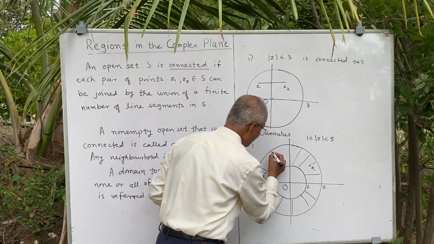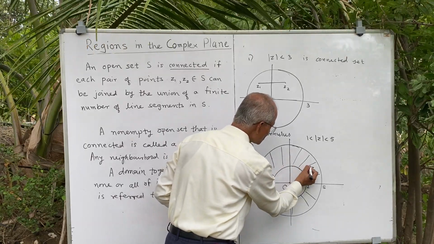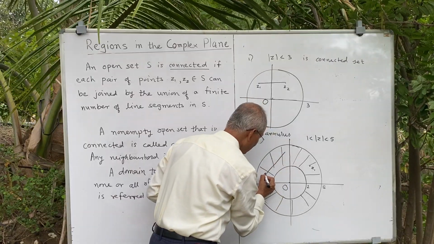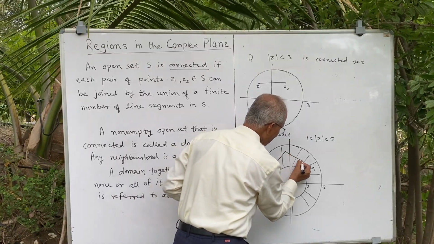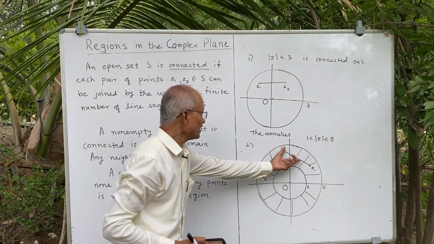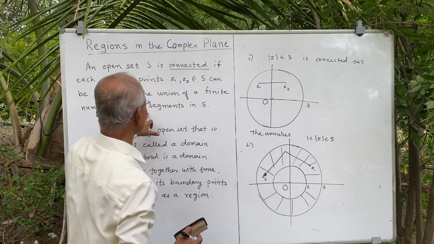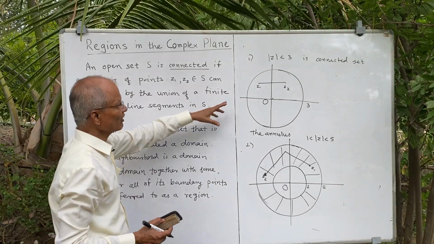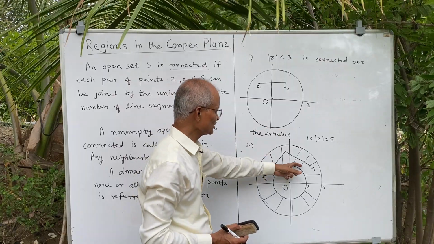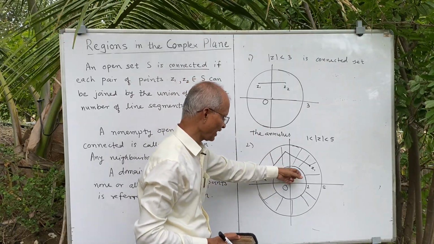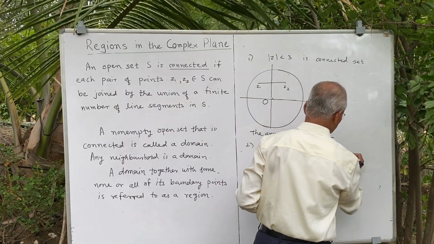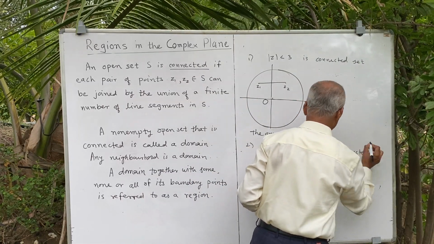This is the region, but we can connect Z1 and Z2 like this. In this way we can connect Z1, Z2 by a union of a finite number of line segments. Here we have used 2 line segments to connect Z1 and Z2. So, therefore, this set is also connected. This is the meaning of connected set.